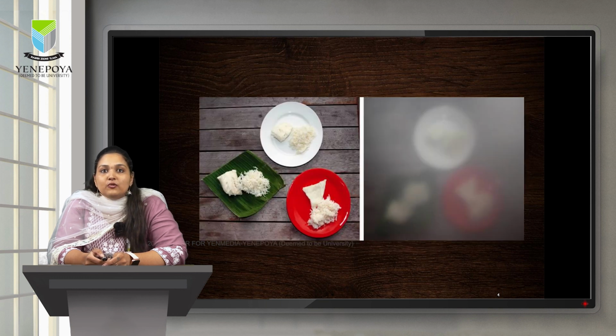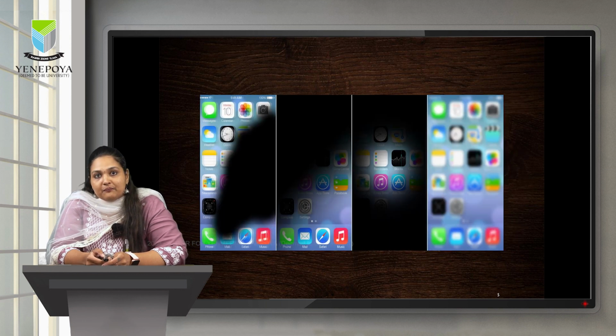Here in this slide, on the left side is the picture of how normal people like us will see the plate and the food when we are having a meal. But on the right side is what exactly a low vision person is going through when he is sitting to eat. Here also you can see that because of his low vision, his color vision and contrast sensitivity are affected.